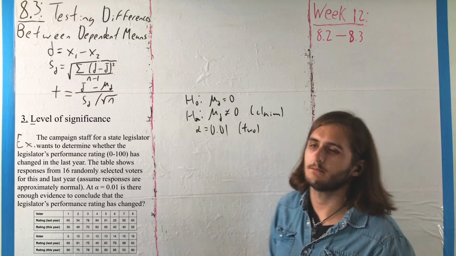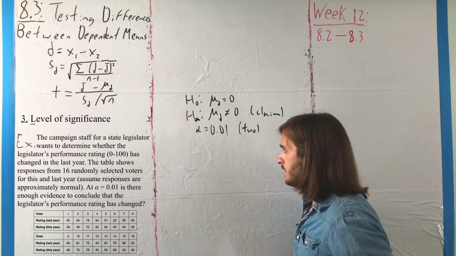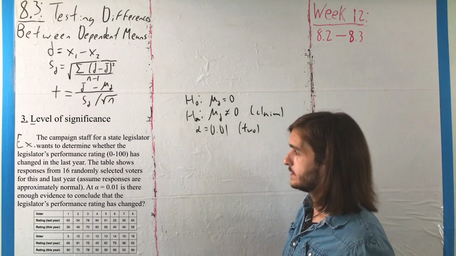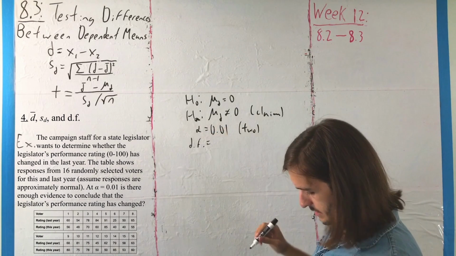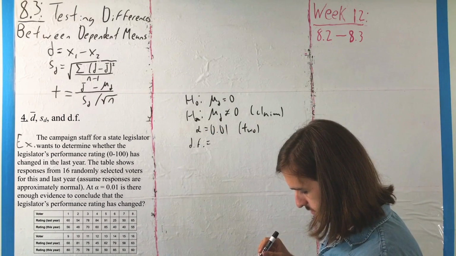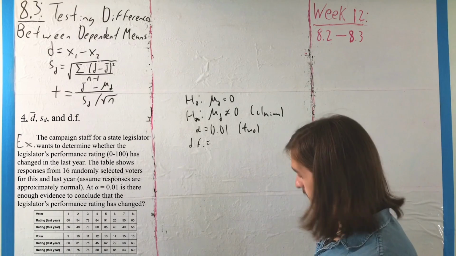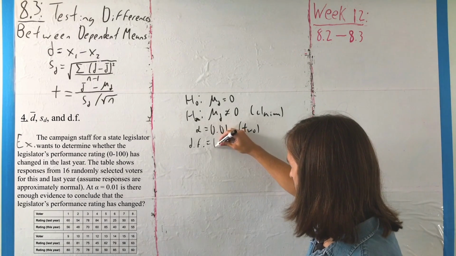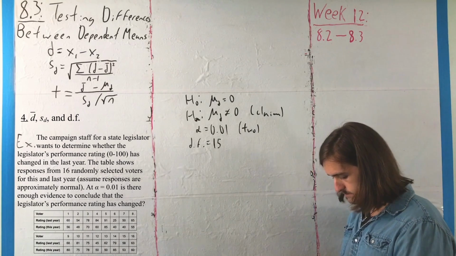We do want to pay close attention to that as we're actually testing it. Anyway, we can then look at our degrees of freedom, which is n minus 1. In this case, we have 16, so n minus 1 is 15 degrees of freedom.